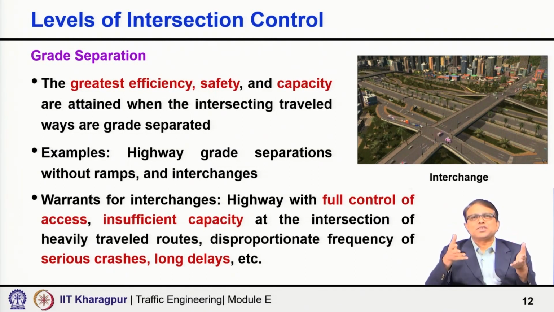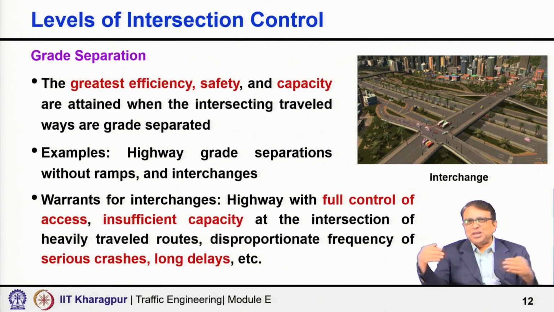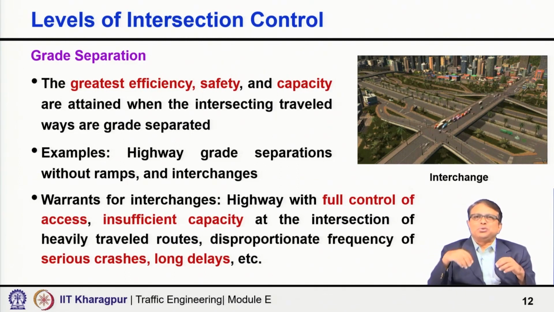So, all the intersections are to be access controlled. You do not allow creation of intersections anywhere and everywhere, maybe service roads or other alternative facilities, but only at selected locations you may create a grade separator.